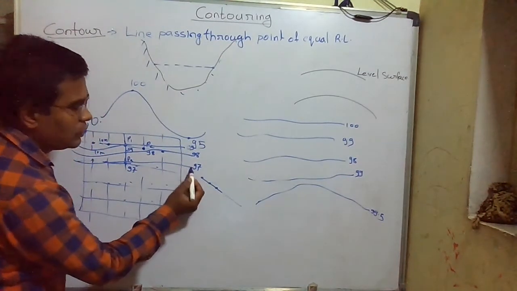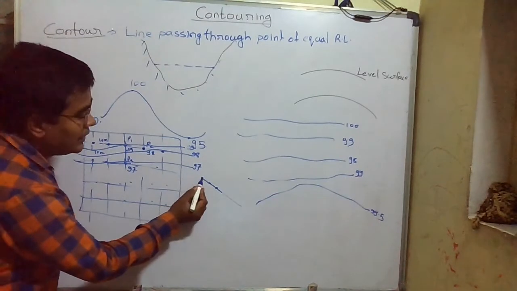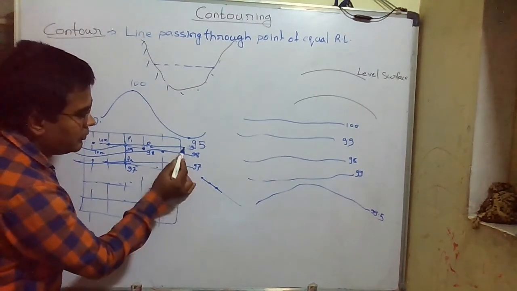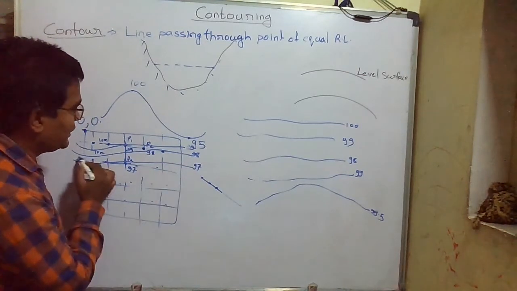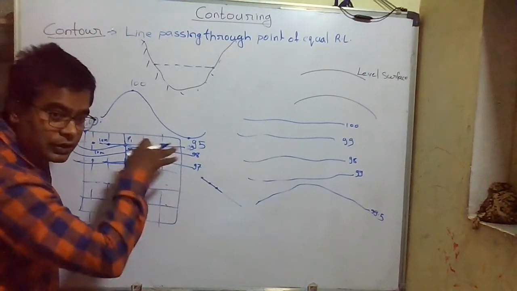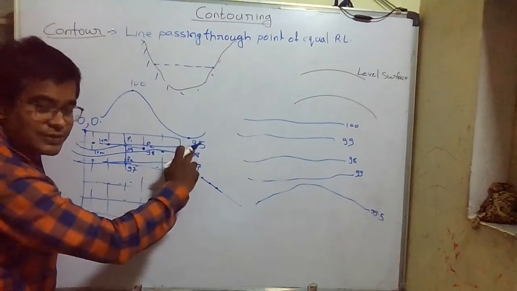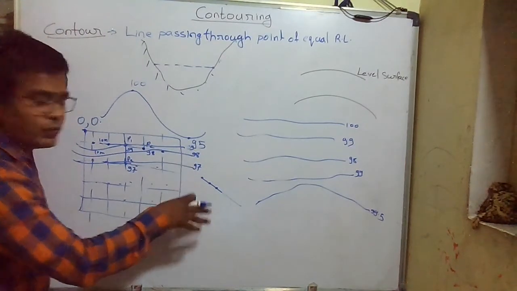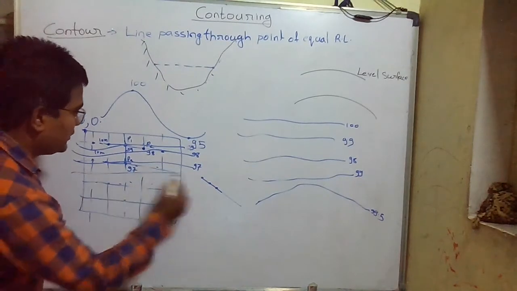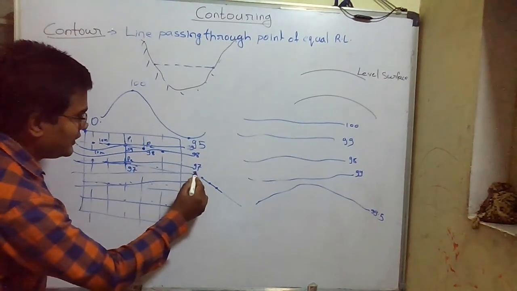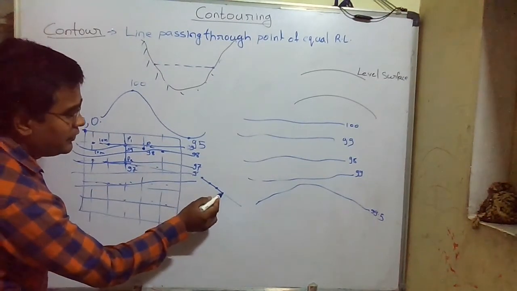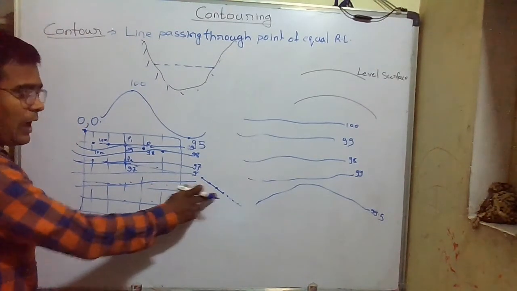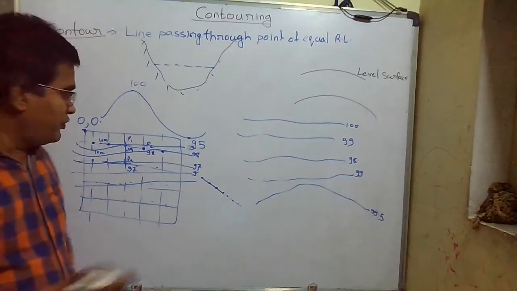If I get contour lines like that, I can say that this area is sloping. The lines are going at nearly equal distance, not exactly equidistant. If this is the area, with 96, 95, then this is the nature of the ground. And this nature of ground I cannot know just by writing the RL.